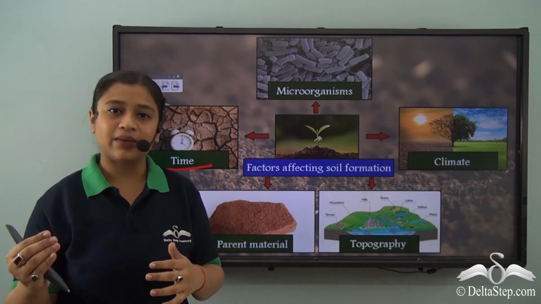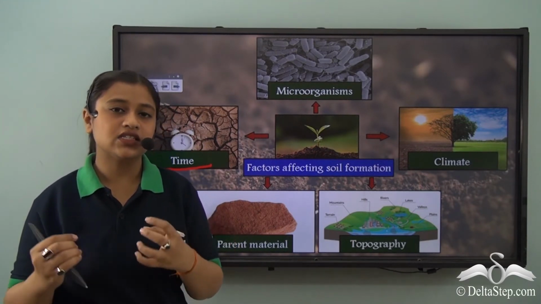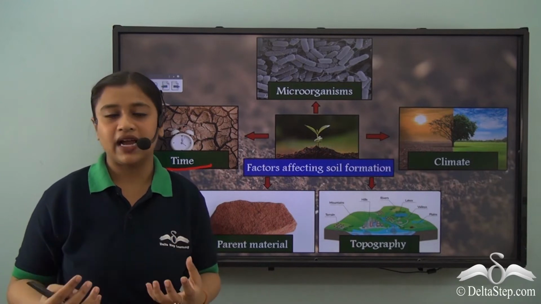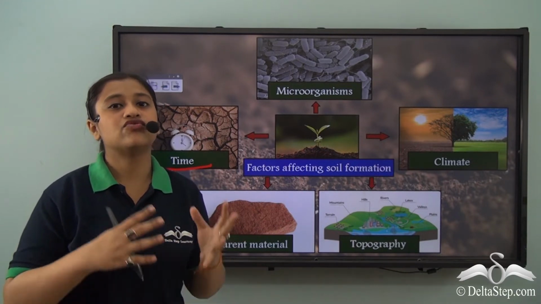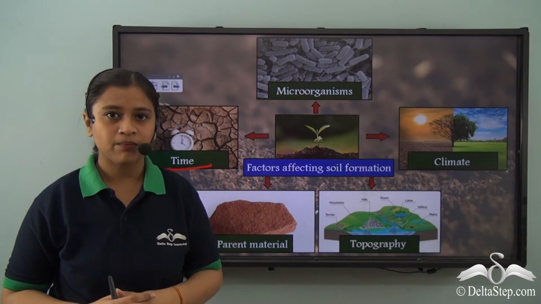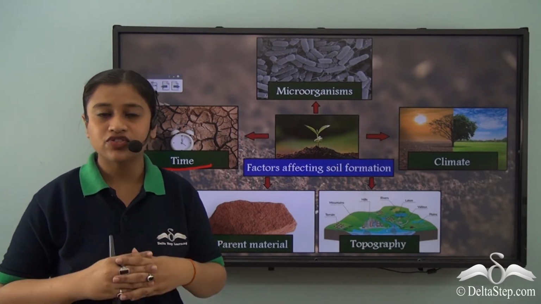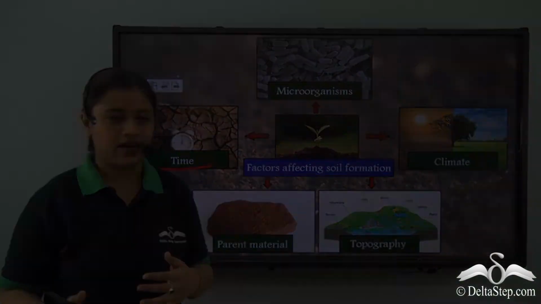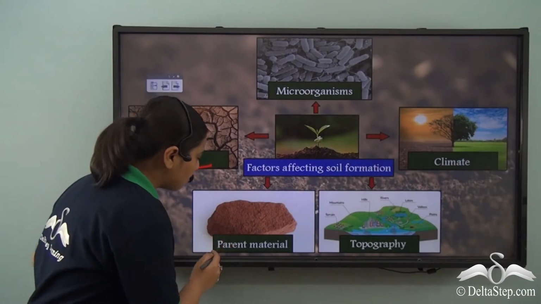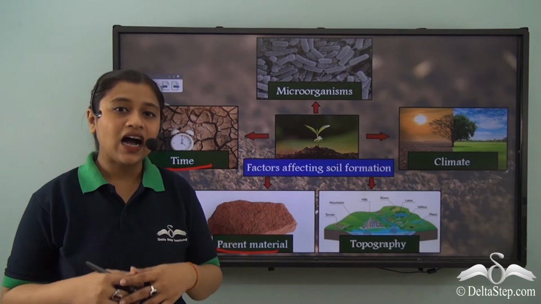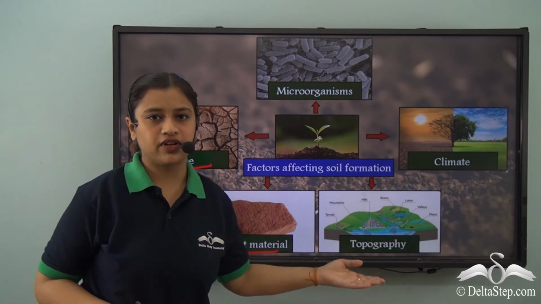The soil type or the properties of a certain soil can only be determined when we know from which rock the soil has been formed. So the parent rock or the parent material plays an important role in the type of soil. Therefore, this is the second important factor. Other than that, we have topography.